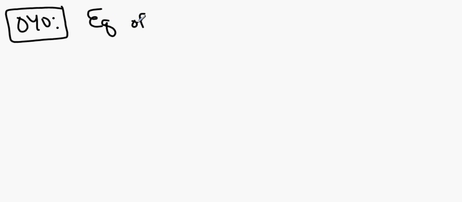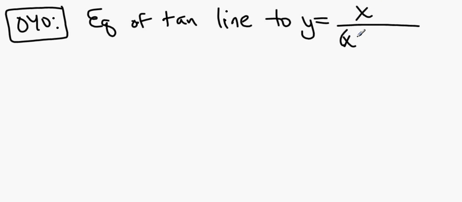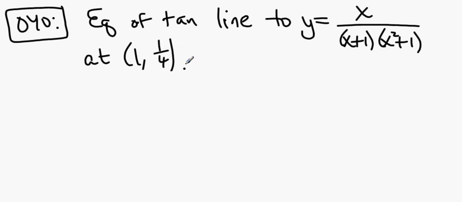One more. Something to consider on your own. I want to find the equation of the tangent line to y equals x over x plus 1 times x squared plus 1 at the point 1, 1/4.